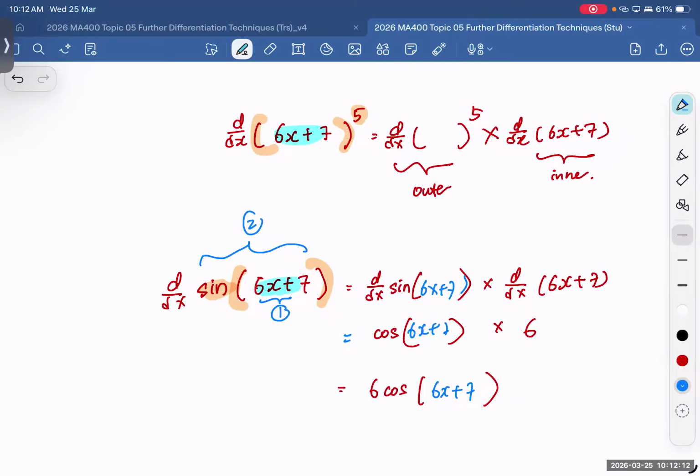Locus, differentiate cosine 5x. Correct. Mitra, differentiate cosine 4x.